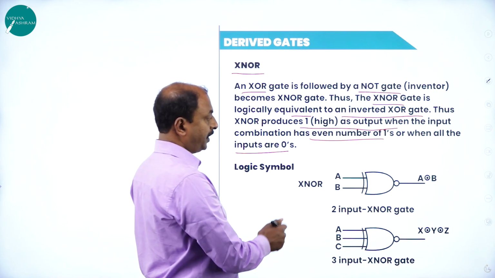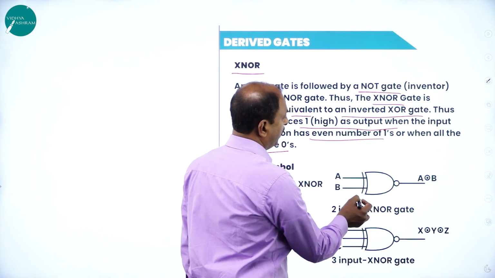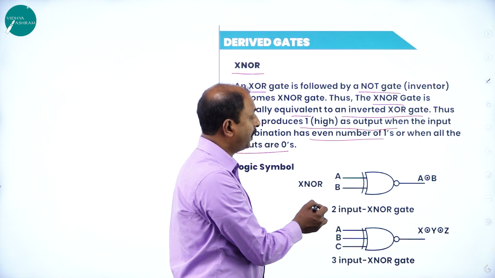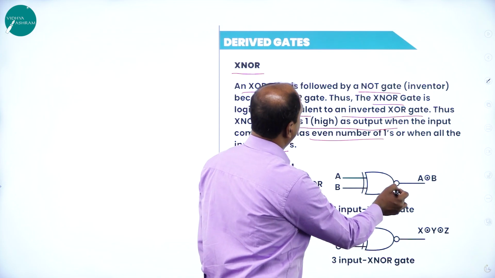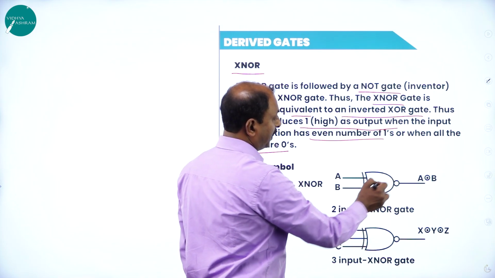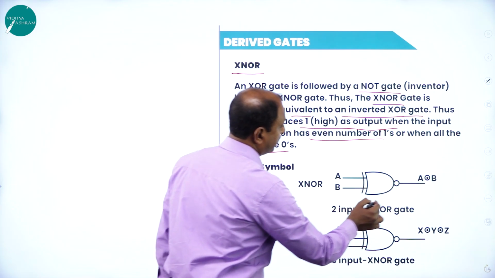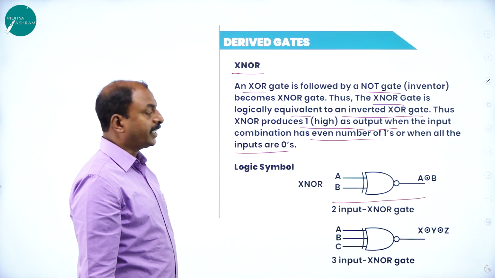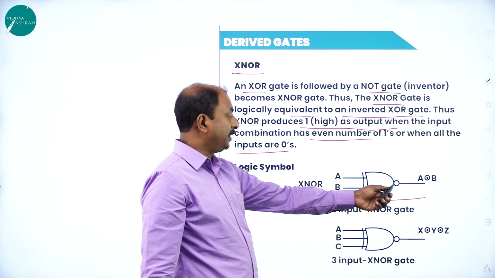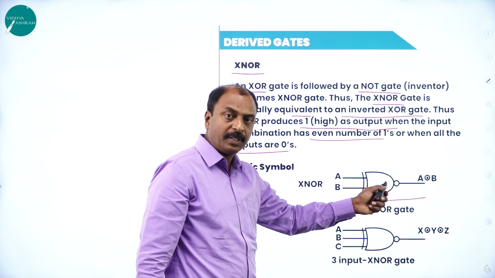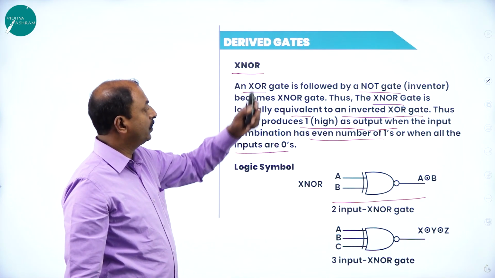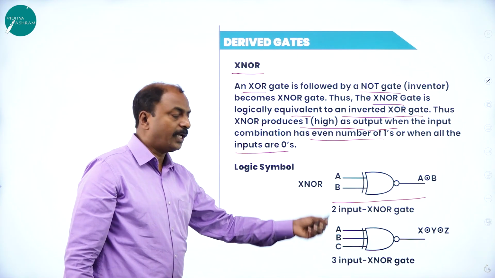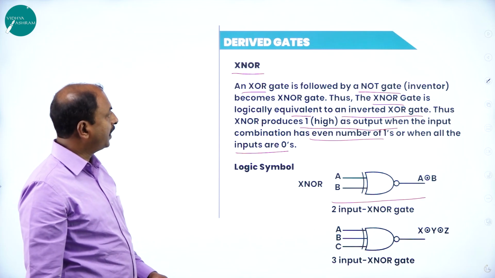And this is the symbol here. This is OR gate, the small r stands for exclusive OR gate, and this bubble stands for negation, or NOT gate. Together this is the symbol for exclusive NOR gate. In XOR gate we have no bubble, but here we have a bubble. This is a 2 input and this is a 3 input exclusive NOR gate.